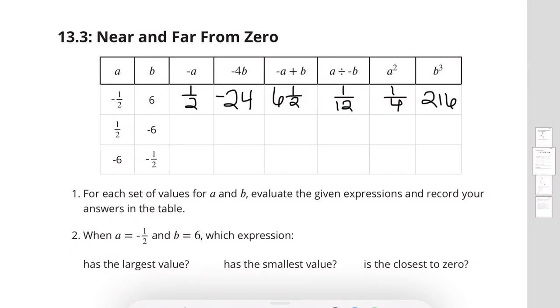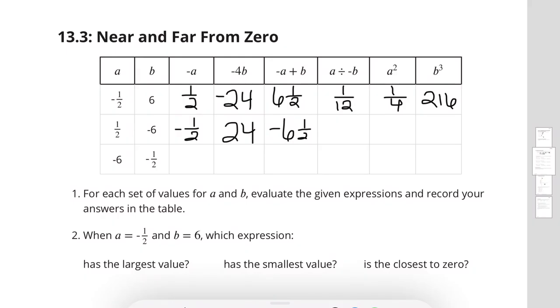For the second row, A is positive 1/2 and B is negative 6. So negative A, that would be negative 1/2. Negative 4B, so negative 4 times B. Negative 4 times negative 6 would be positive 24. Negative A plus B, which would be negative 1/2 plus negative 6, would give me negative 6 1/2.